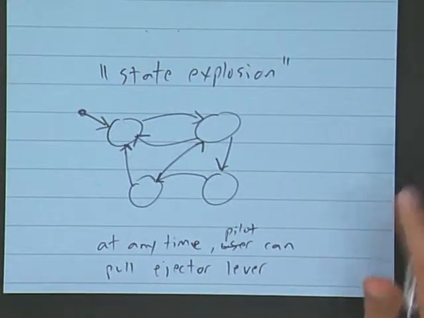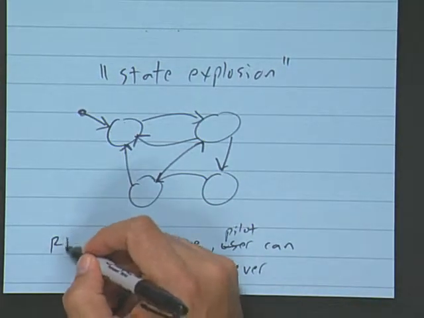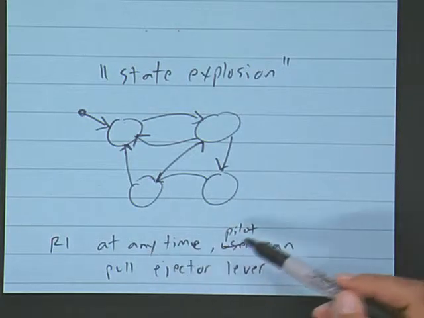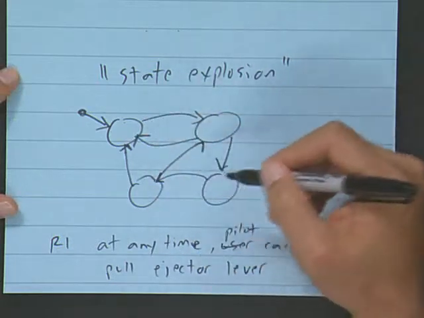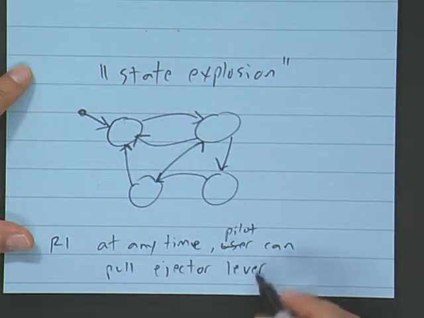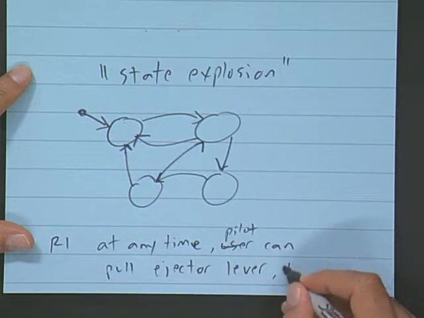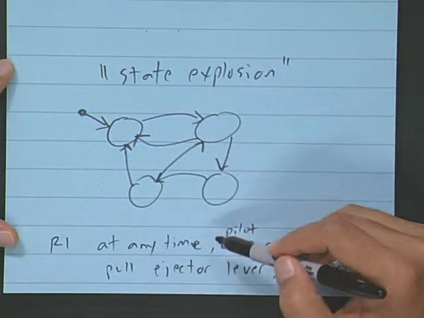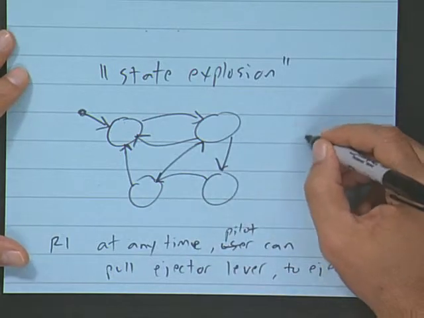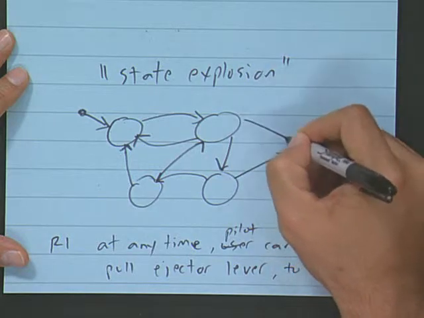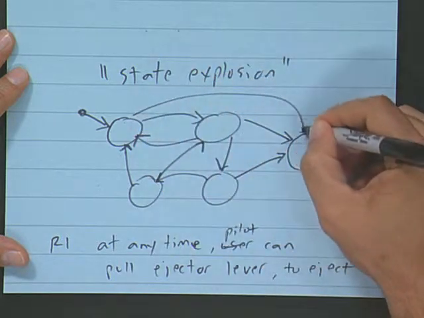Okay, let's say I had one requirement, R1. What happens to this state machine? Well, it says at any time, so from any state, the pilot can pull the ejector lever to eject from the plane. So from that one requirement, we'd have to add another state, and an arc from every state going to this new state.